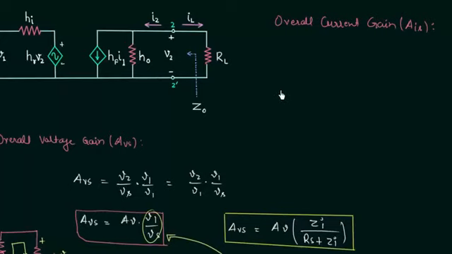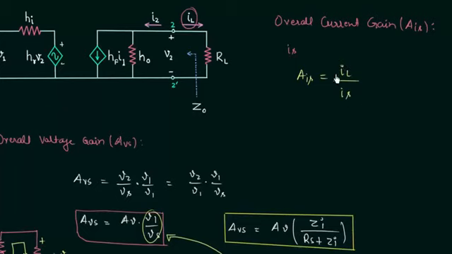The overall current gain is equal to the ratio of output current to the current delivered by the source. The output current is equal to IL, and let's say the source is delivering the current Is. So we have overall current gain AIs equal to the load current divided by the source current.